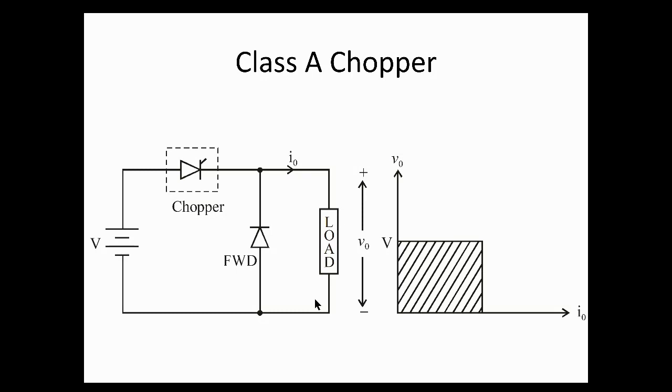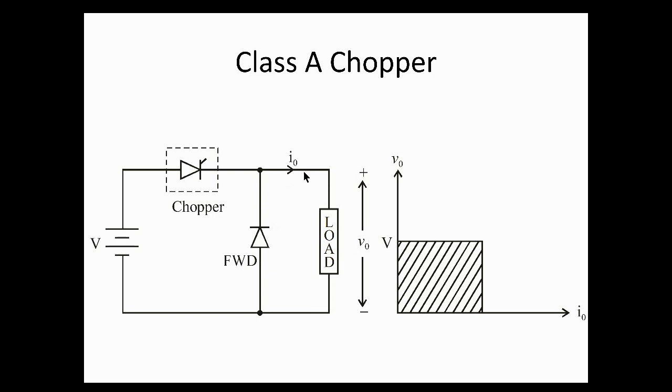However, when the chopper turns off, this load could be a motor here and it's inductive in nature. The energy that was stored in the inductor is now dissipated, so we have a current that flows through this freewheeling diode. So it maintains the path that the current was flowing initially.